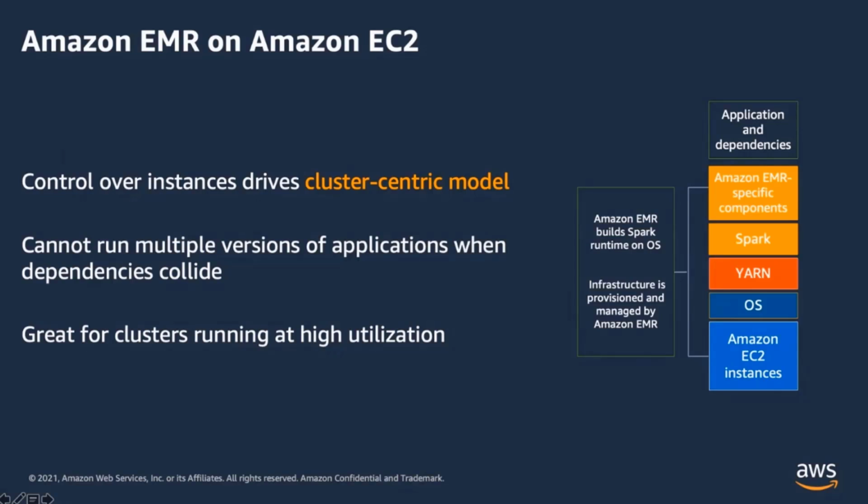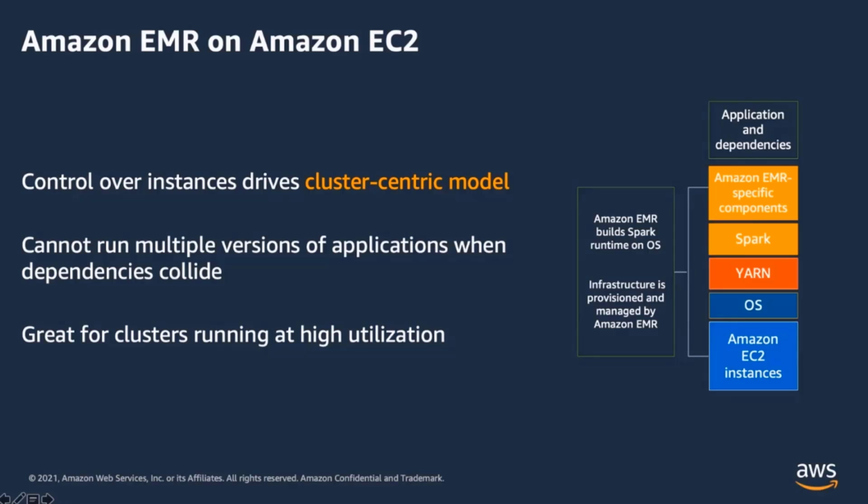So before I touch on how to get started with EMR and EKS, I just wanted to do a quick touch on how EMR and EKS compares with the previous version of EMR, right? If you've been running Spark using Amazon EMR, it makes use of EC2 in order to provision the infrastructure and manage the lifecycle of your Spark distribution. And that's what we call a cluster-centric model, right?